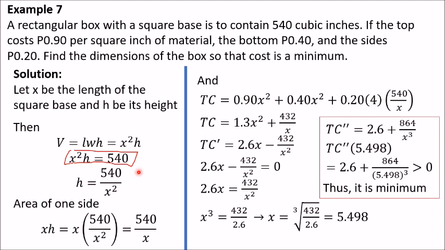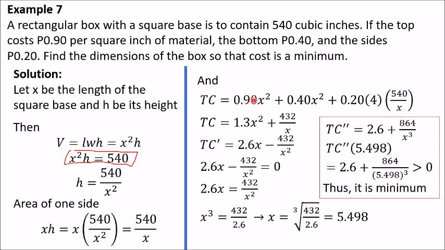Now, for the formula of our total cost, kasi meron tayong tatlong value dito, we have here 0.90 pesos para sa top ng material, 0.40 para sa bottom, and 0.20 para sa sides.